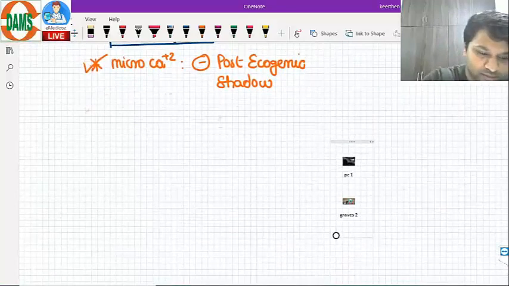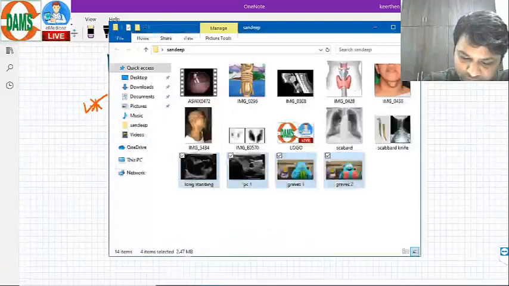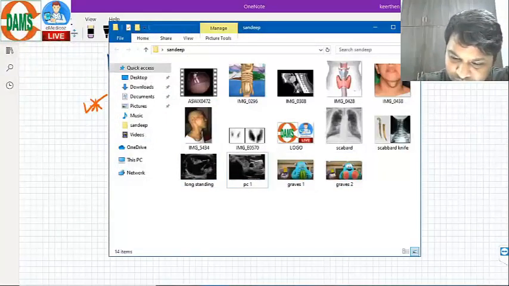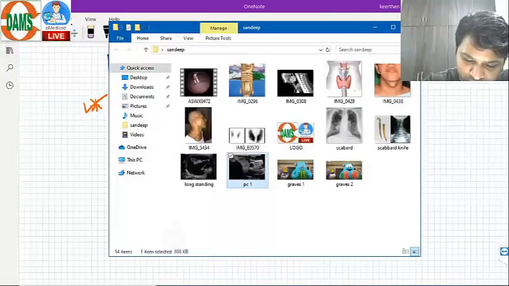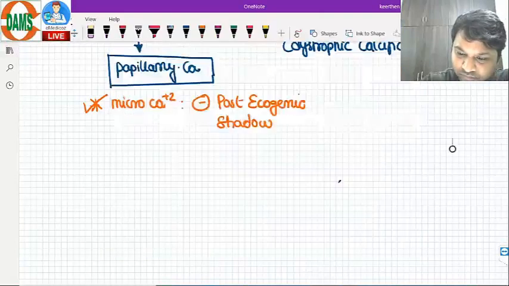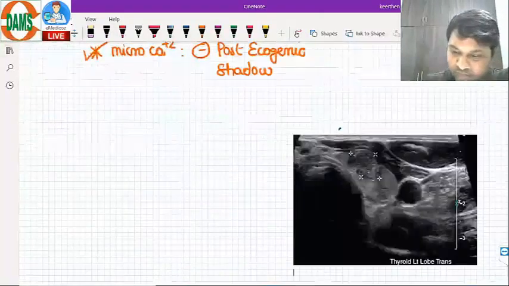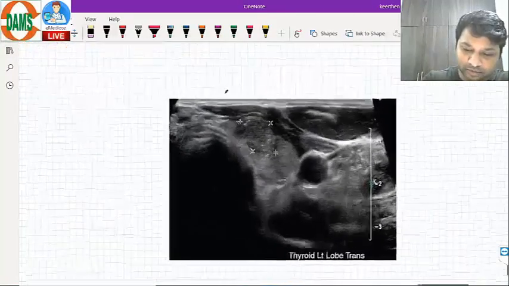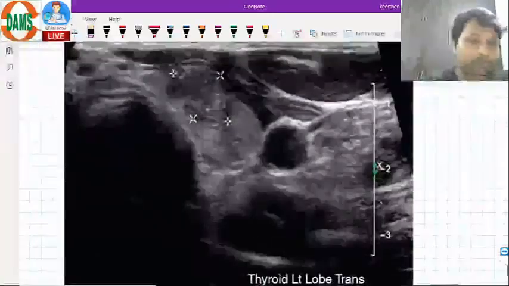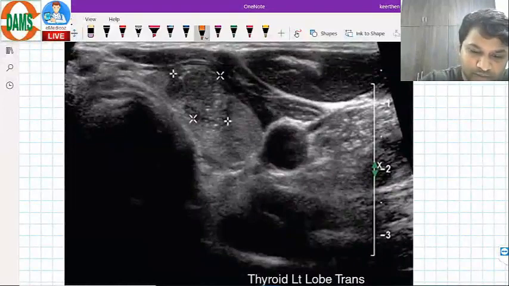Okay, now look at this image. This is an ultrasound image. If you are able to follow with me, I'm just going to mark them.